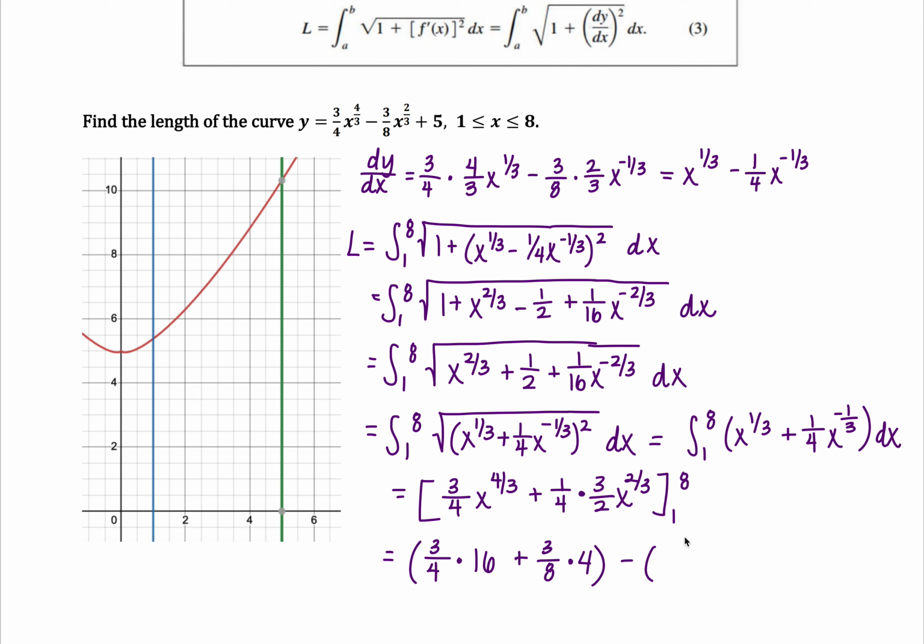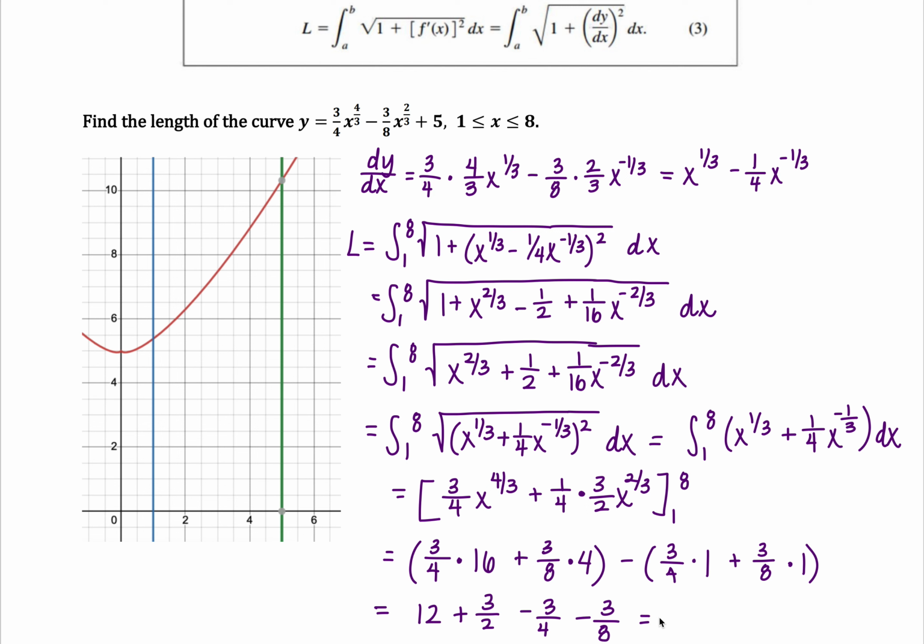Now we'll evaluate with the 1. So it's going to be 3/4 times 1 plus 3/8 times 1. So we work this out. 3/4 times 16 is going to be 12. 3/8 times 4 is going to be 3/2 minus 3/4 minus 3/8.